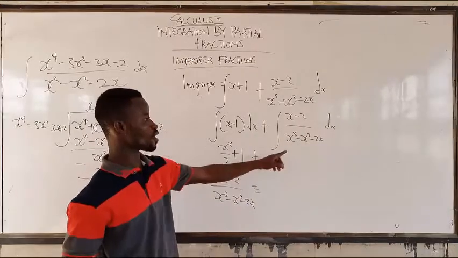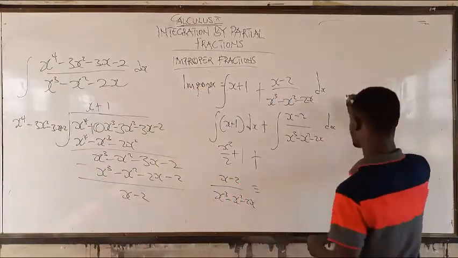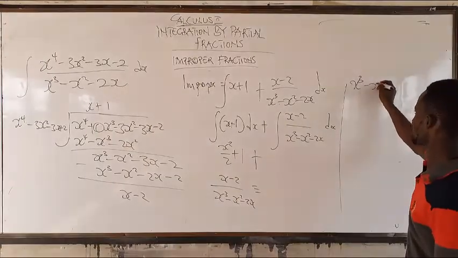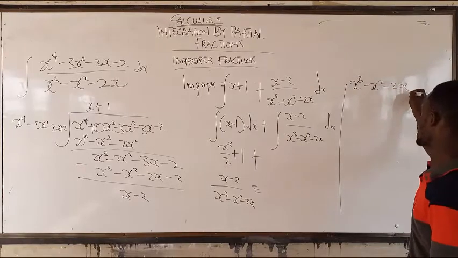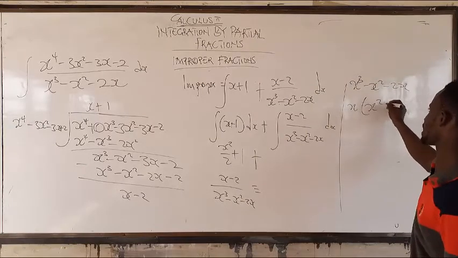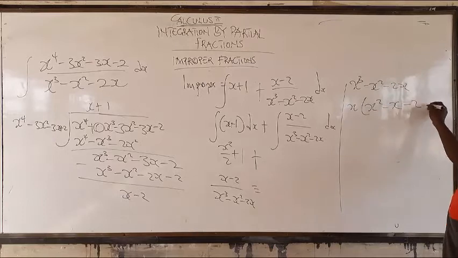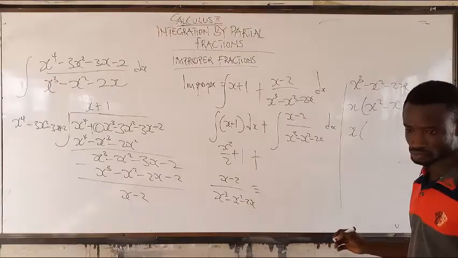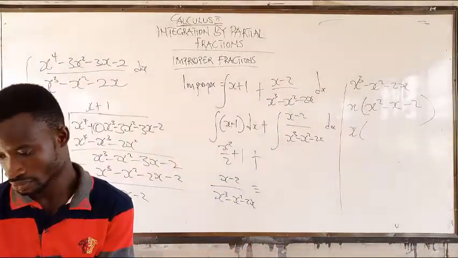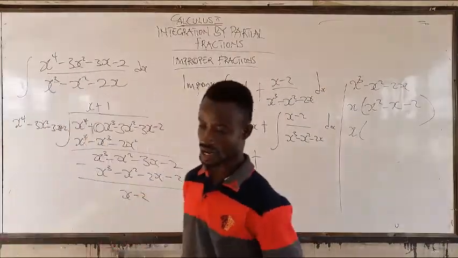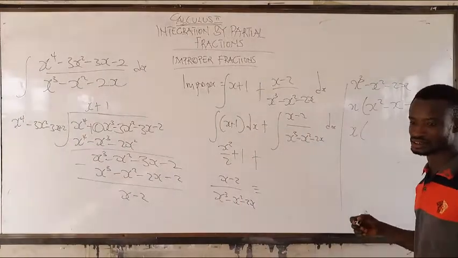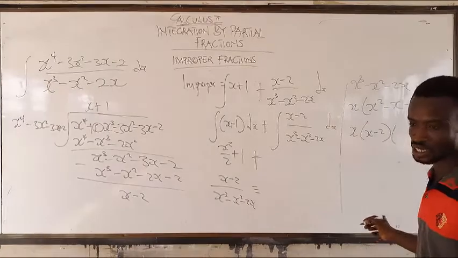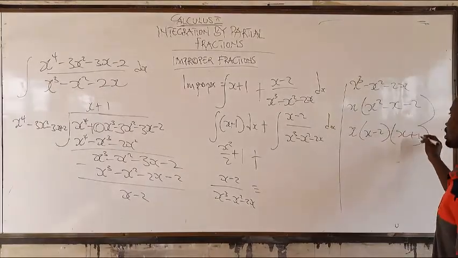Don't forget that we have to factorize the denominator. S to the power 3 minus s squared minus 2s. Here we can bring s out. You get s squared minus s minus 2. And when you factorize this, you get s, then s minus 2, and the other factor will be s plus 1.